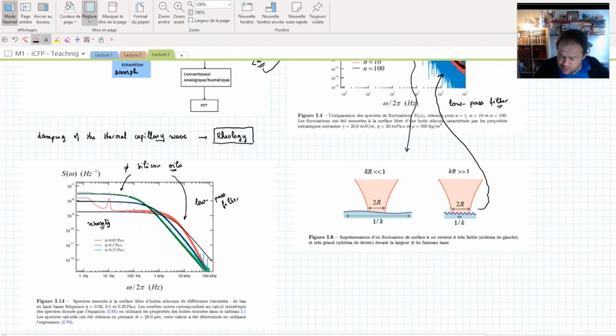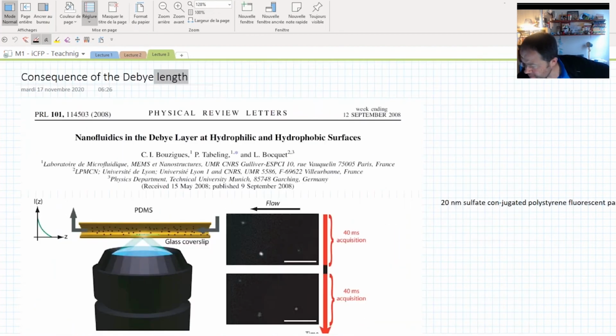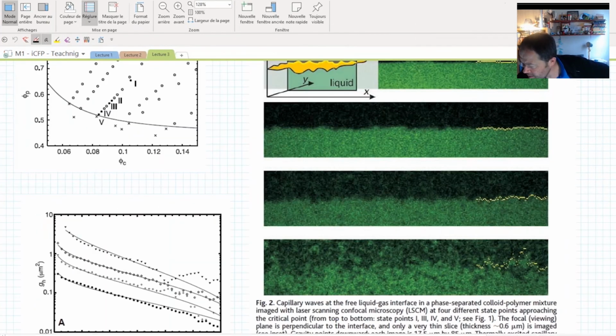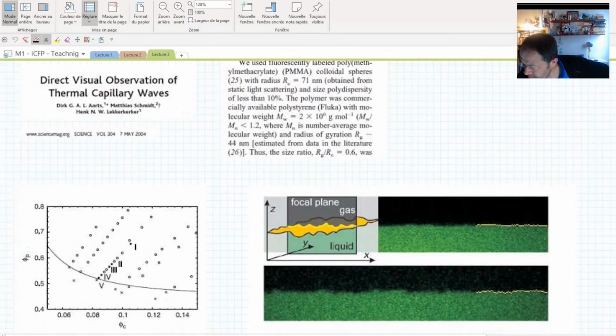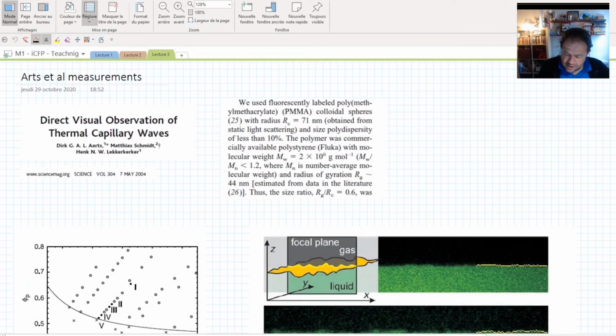And I just want to show you another experiment that has been done by Arts and co-workers. That's a paper in Science, 2004, by a group led by Henk Lekkerkerker in the Netherlands.